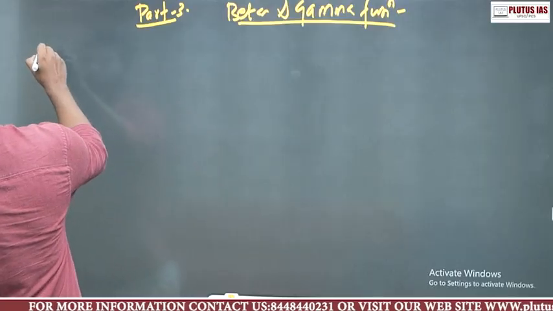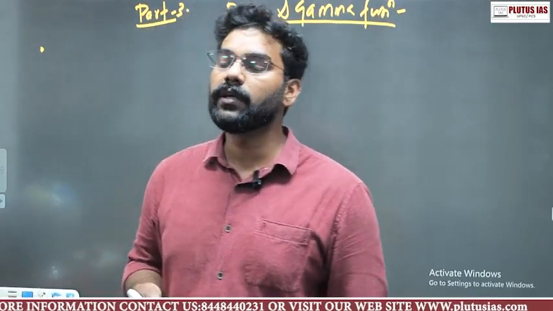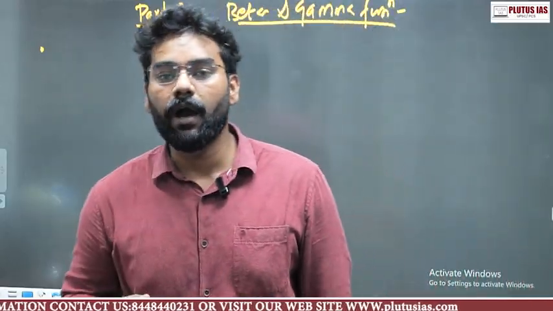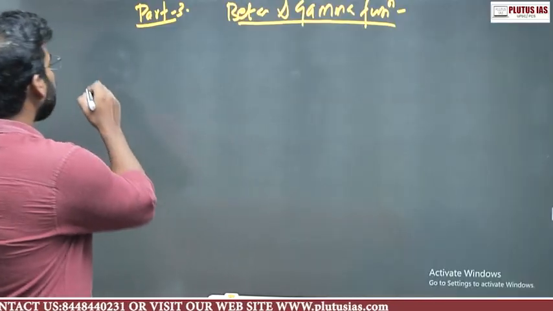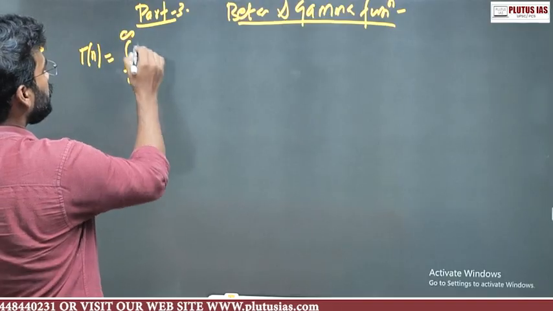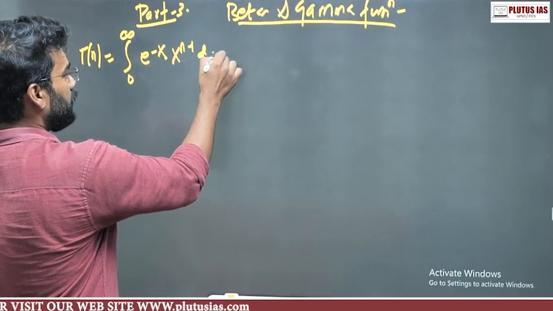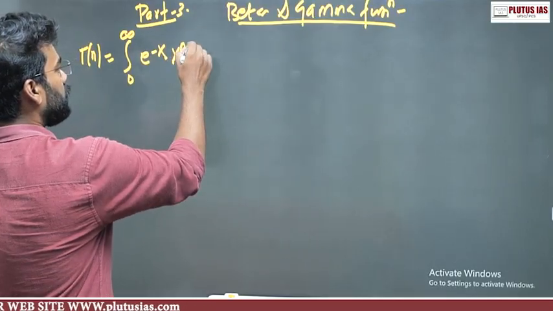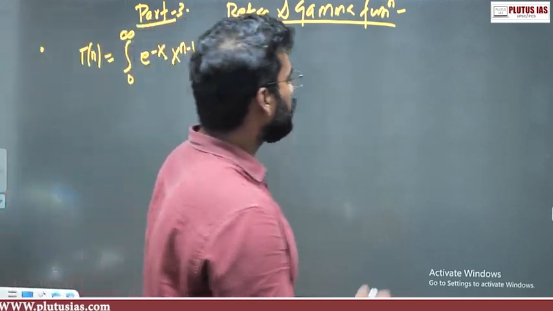So in this part, we will be doing some connection between gamma and beta. So we have gamma n equals the integral from 0 to infinity of e to the power minus x, x to the power n minus 1 dx.